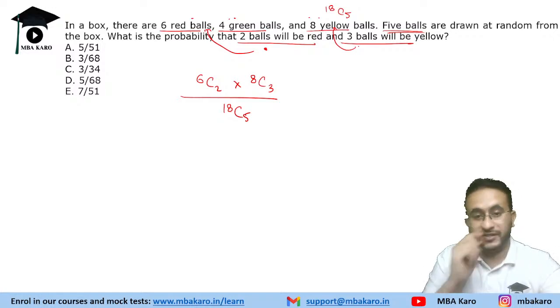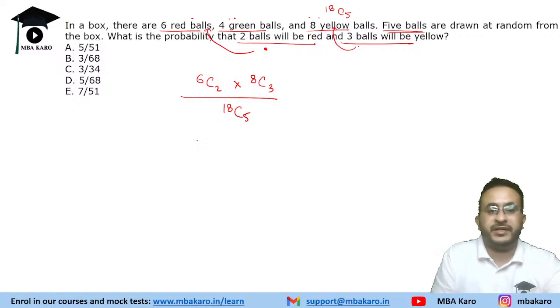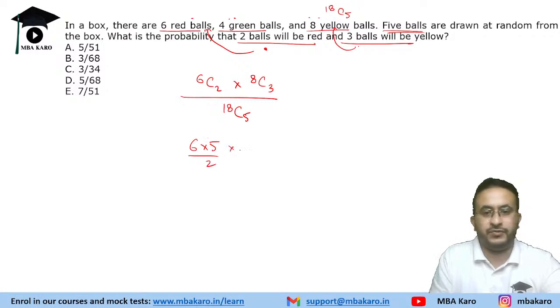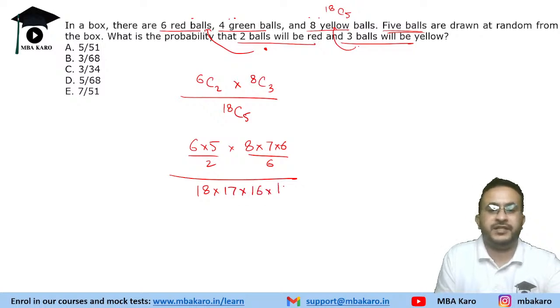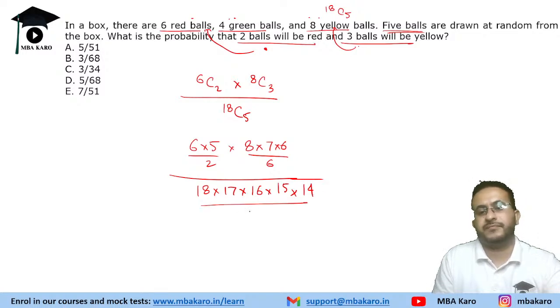Okay, a bit of calculation will be needed here. 6C2 will be 6 into 5 by 2. Anyway, you can calculate 6C2 directly also. 8C3 will be 8 into 7 into 6 by 6. Denominator will be 18C5. So 18, 17, 16, 15, 14, and then remaining is 5 factorial, which is 120, right?